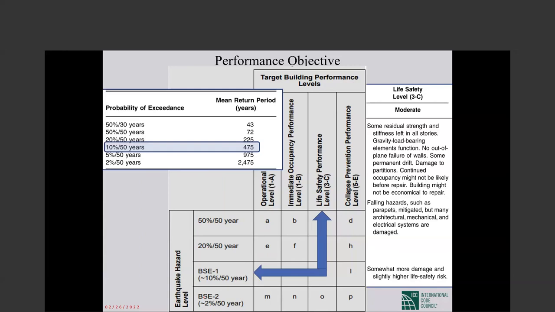So there is a 10% probability that this building experiences a larger earthquake than what we are designing for. 10% is too much, but that's the approach.